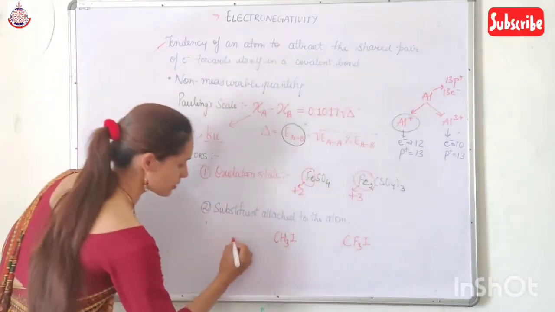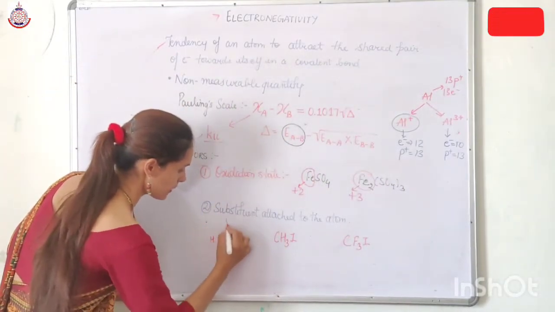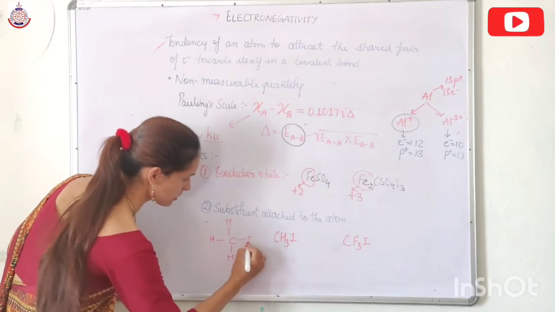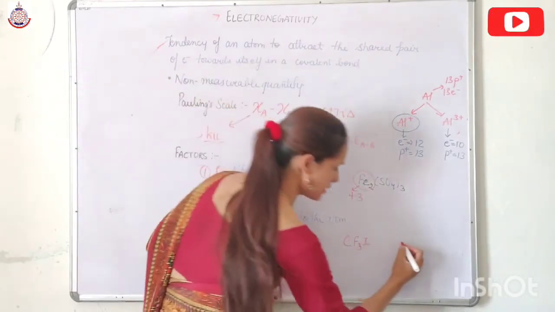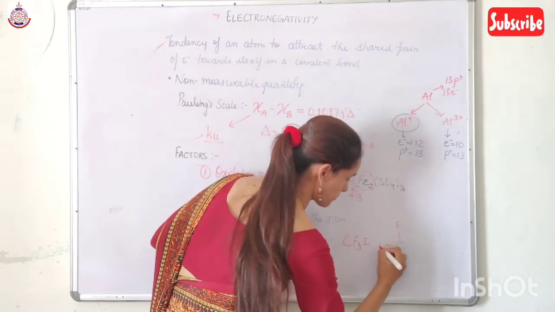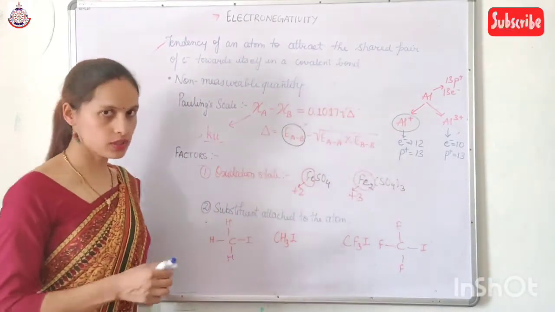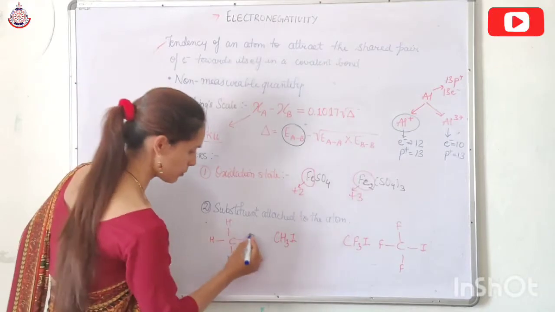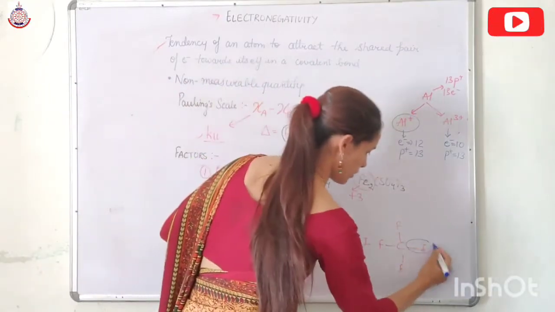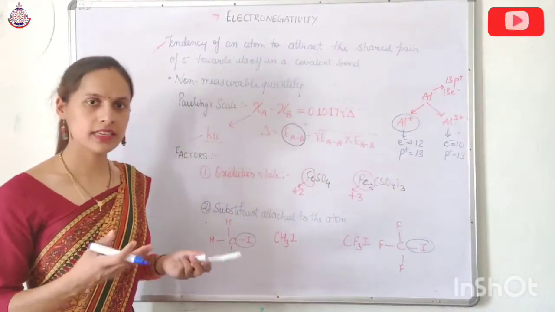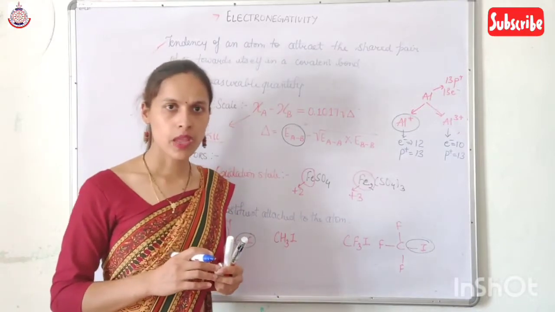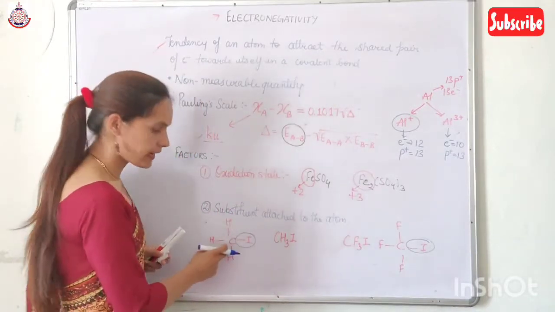If I open this, it becomes like this, and if I open this, it is like this. In both the compounds, this bond is common, so there is an equal influence of this bond.